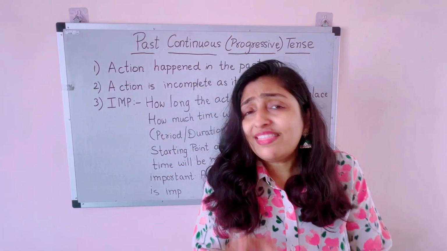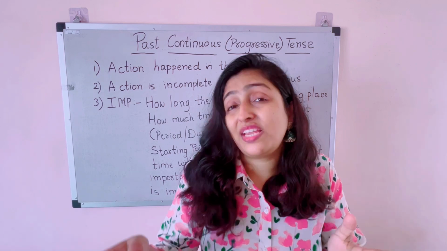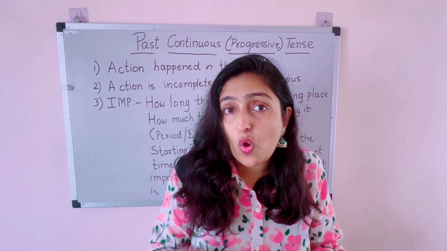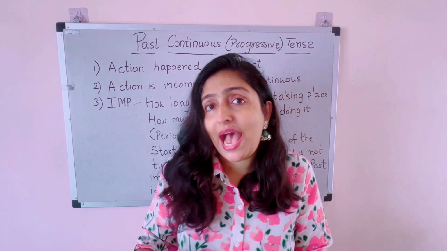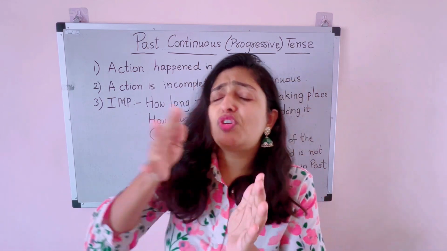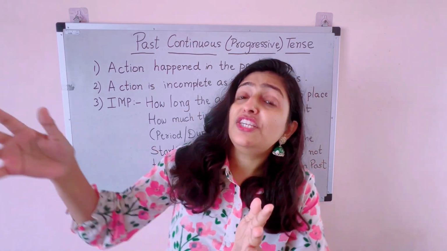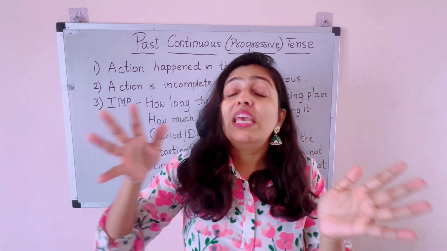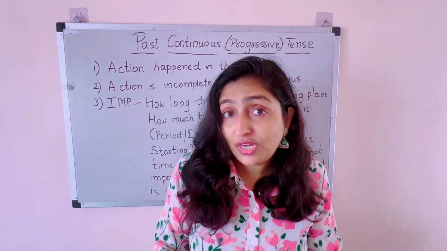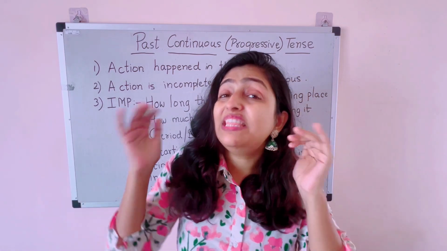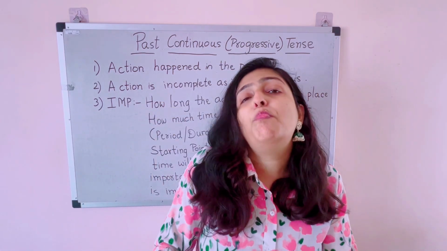Now, one thing that I said prominently was that in simple past tense, the extension, the period or the duration of time is not important, and the action completed in the past is important.